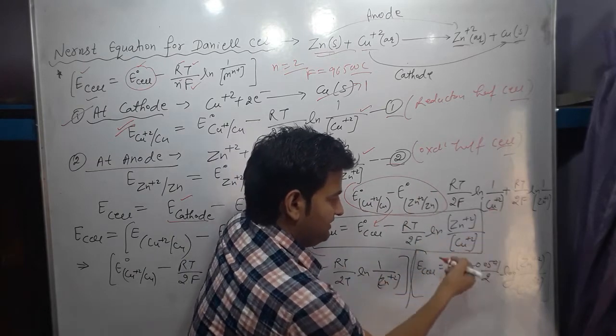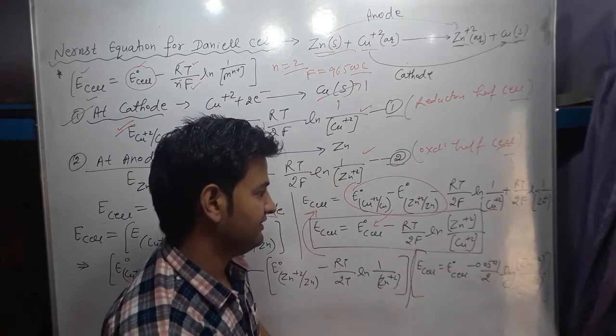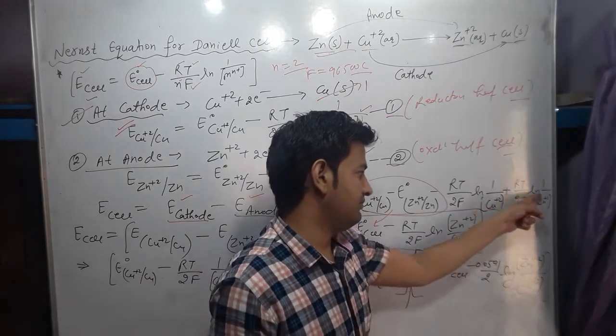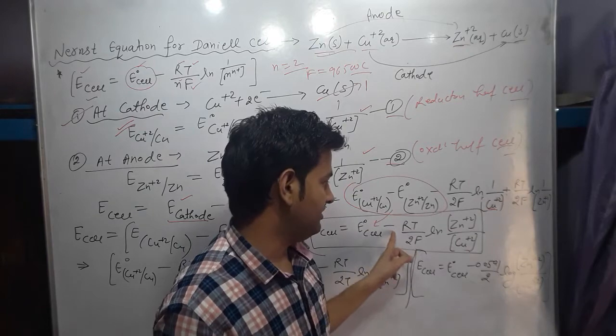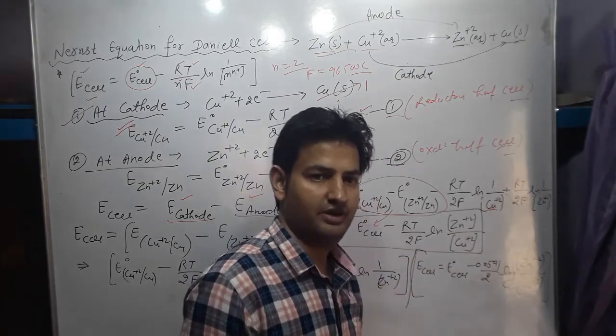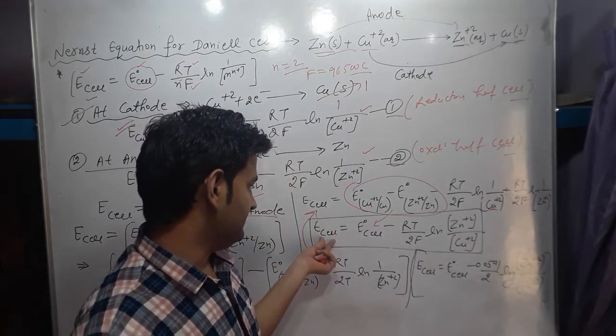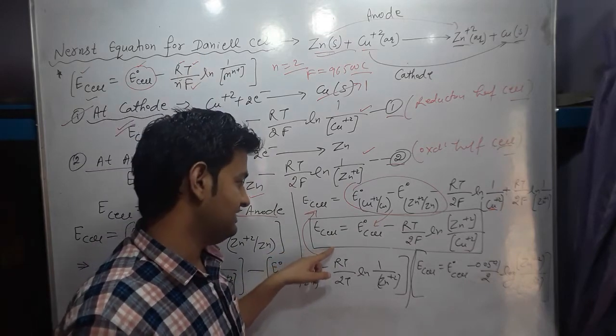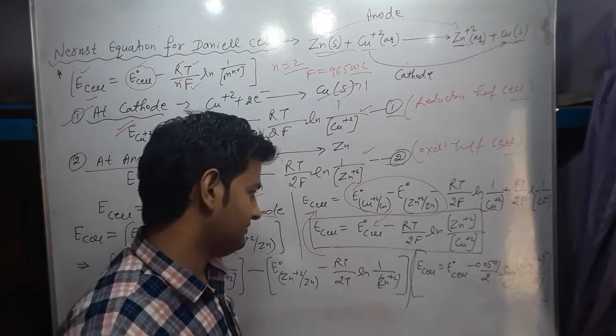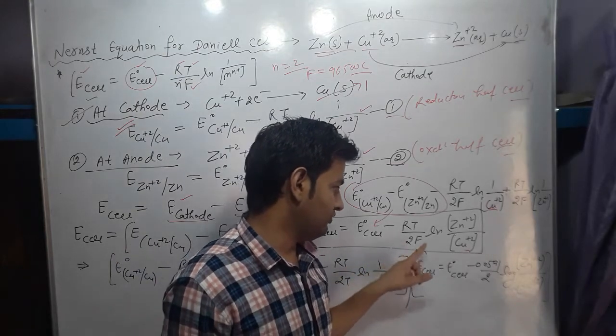The copper ion is on the denominator side, and when it comes to the numerator, a negative sign occurs. So we can write the Nernst equation for the Daniell cell like this: EMF of the cell is equal to E naught, the standard EMF of the cell, minus RT over 2F ln of.